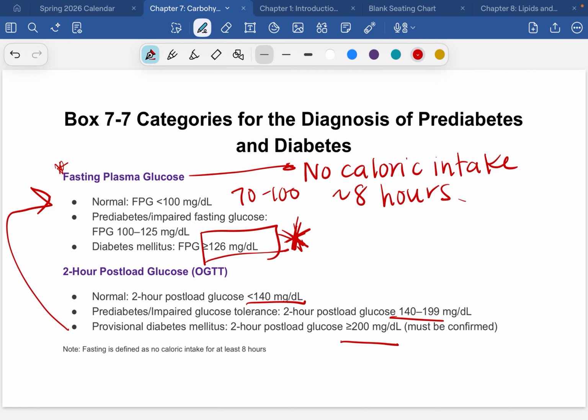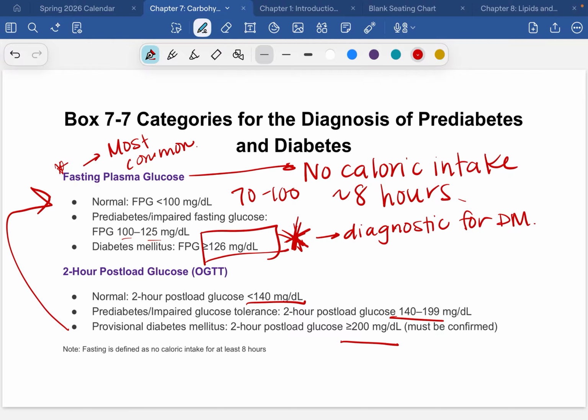We talked about that a lot: a normal fasting plasma glucose is less than 100 milligrams per deciliter, impaired is between 100 and 125, and a fasting plasma glucose of over 126 is considered diagnostic for diabetes mellitus. This is by far the most common method of diagnosis.